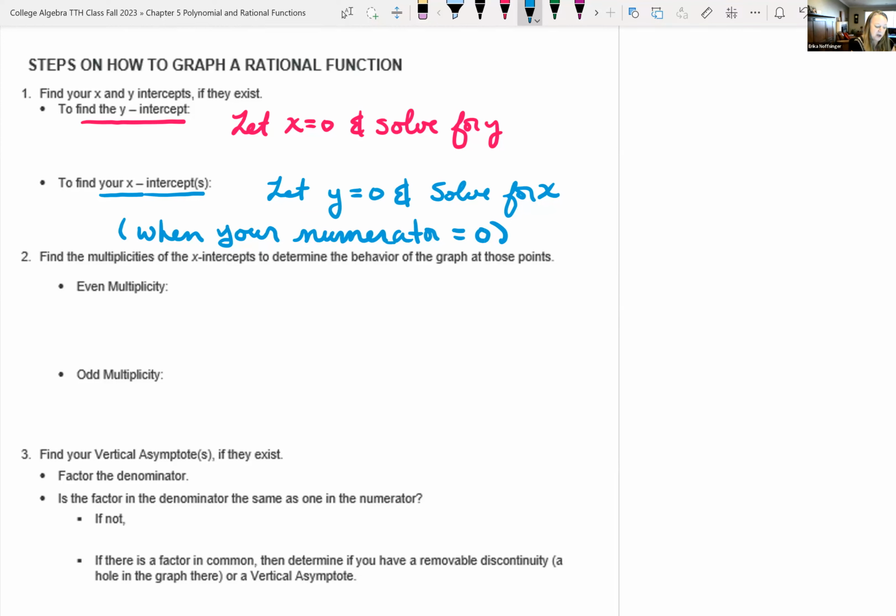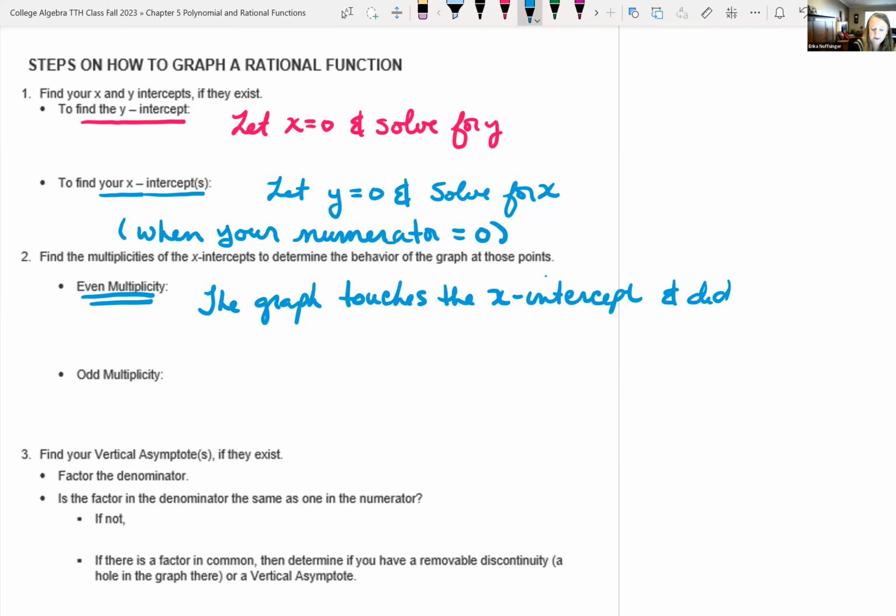So recall, if you had even multiplicity, so the factor occurred an even number of times, the graph just touched the x-axis and did not cross, turning back around.